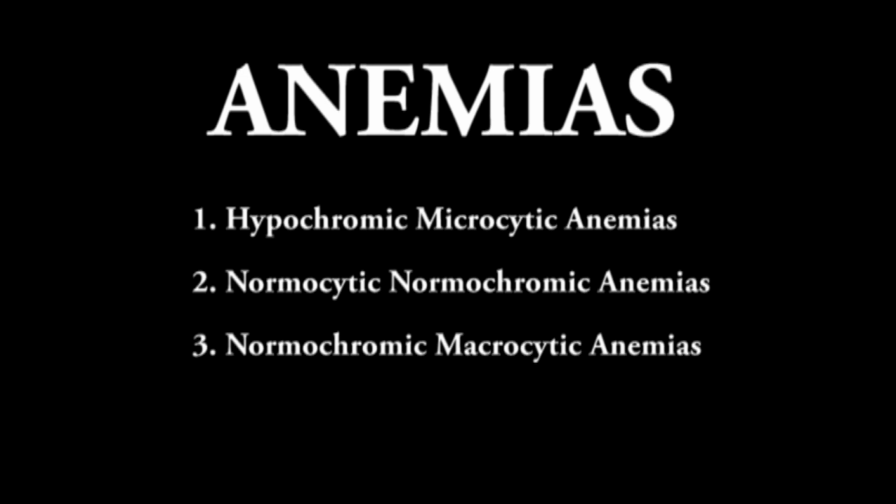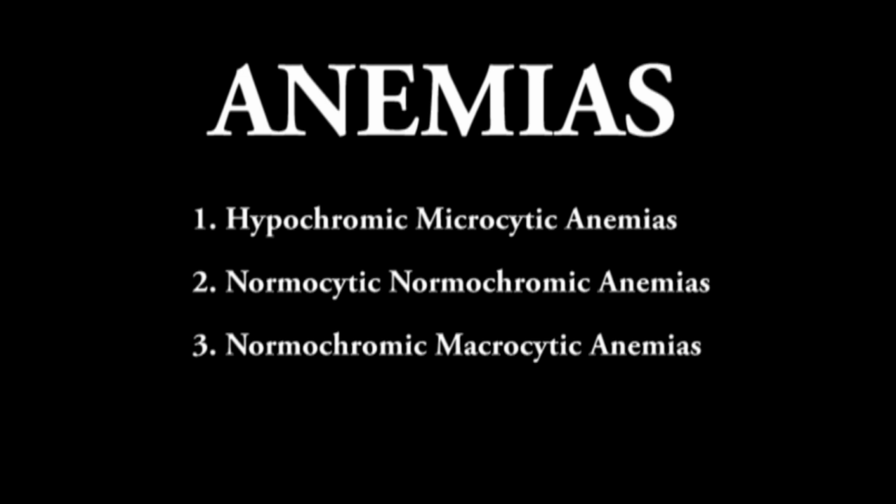chronic disease. Now, anemias can also be classified according to their color and their size. For instance, anemia could be hypochromic, microcytic. This means hypochromic is low in color and microcytic is small in size.